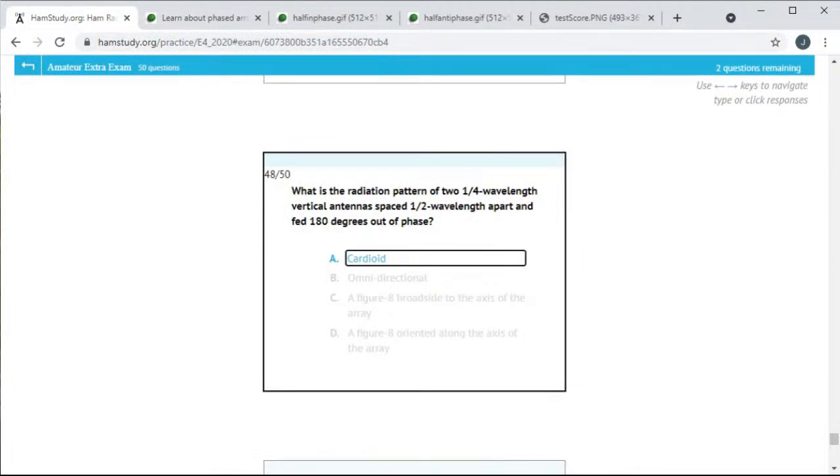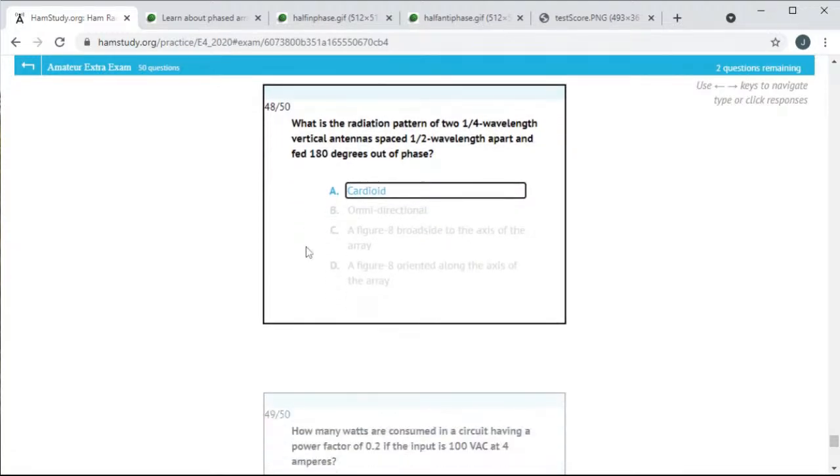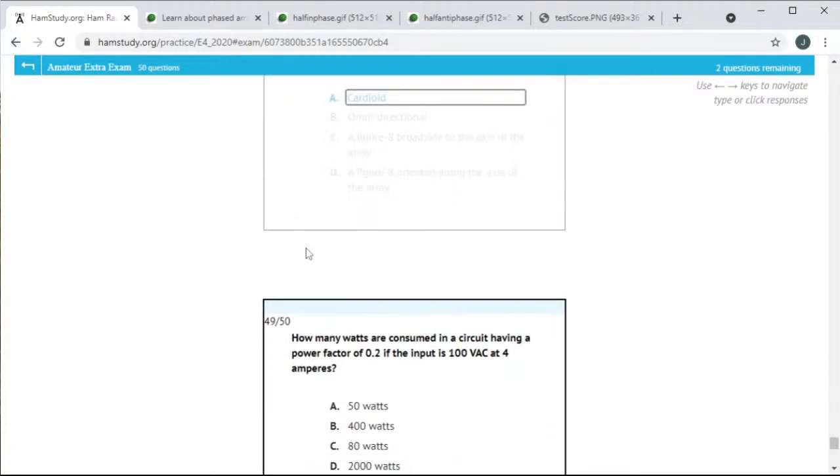There is a series of 3 or 4 questions that deal with different things, whether they're in phase, out of phase, 90 degrees, half wavelength apart, quarter wavelength apart. And I believe this one is toroidal.